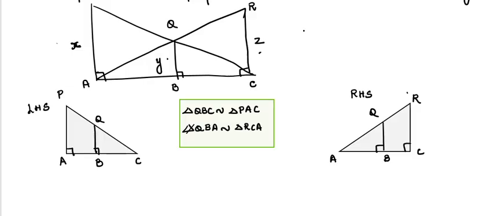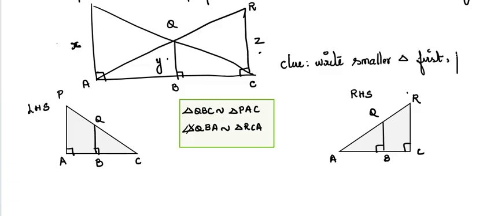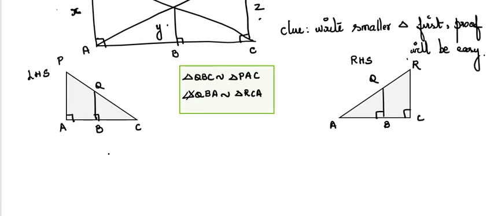Aunty, you haven't done the proof. Yes, I have to. The clue is, I'm just writing the clue now: write the smaller triangle first, and the proof will be easy. Okay. I'm going to write side by side.